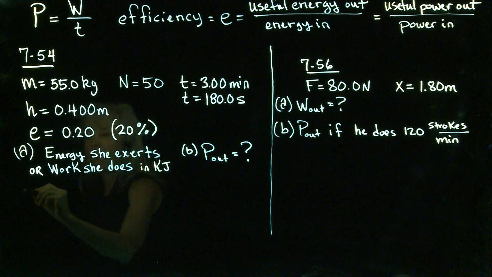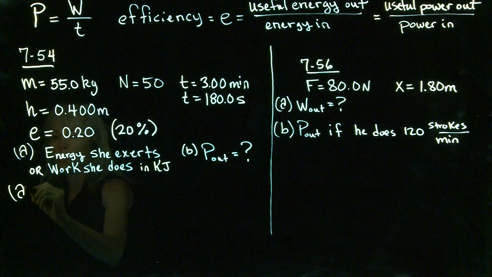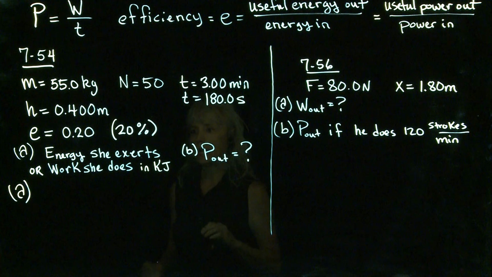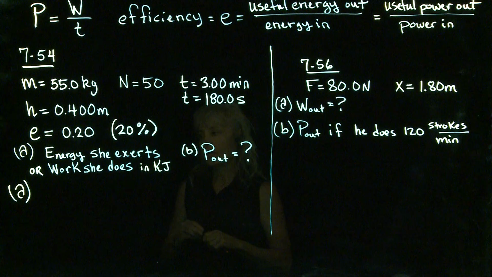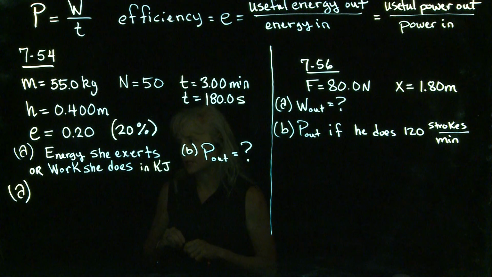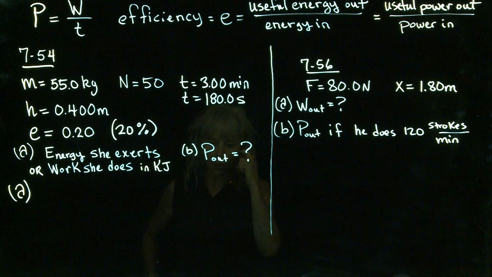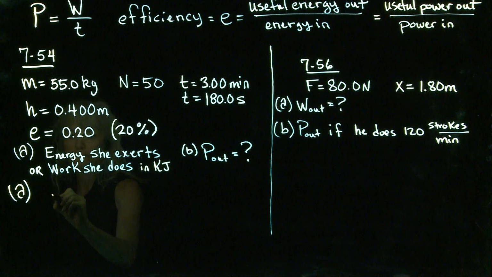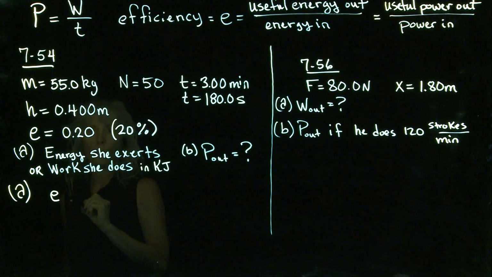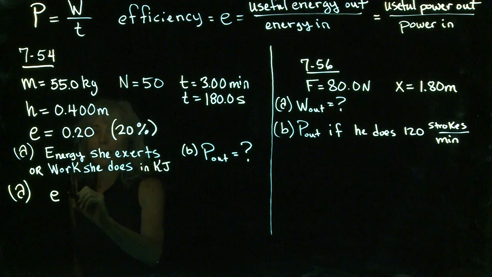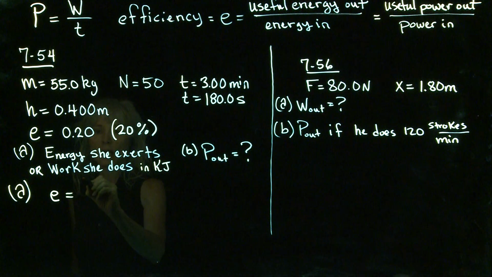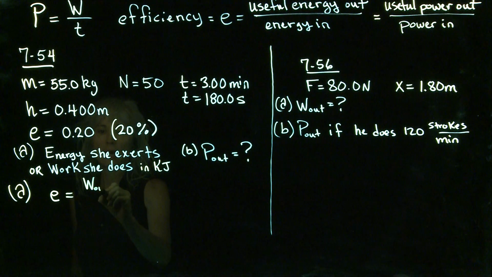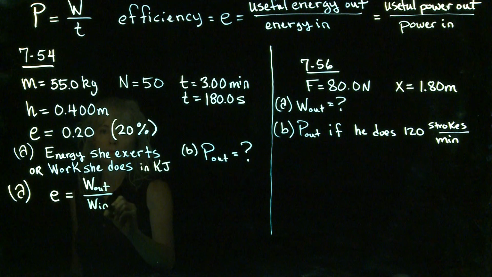And so in part A, we want to know what is the energy or work that she does, specifically calculate the energy in kilojoules used by the woman. Okay, so we are told that her efficiency is 0.20, and efficiency keeps track of work out divided by work in.